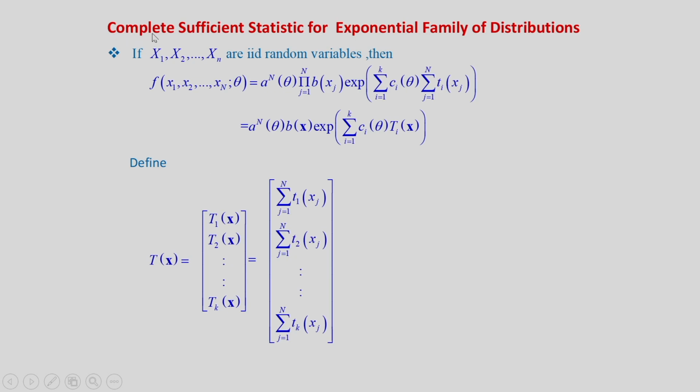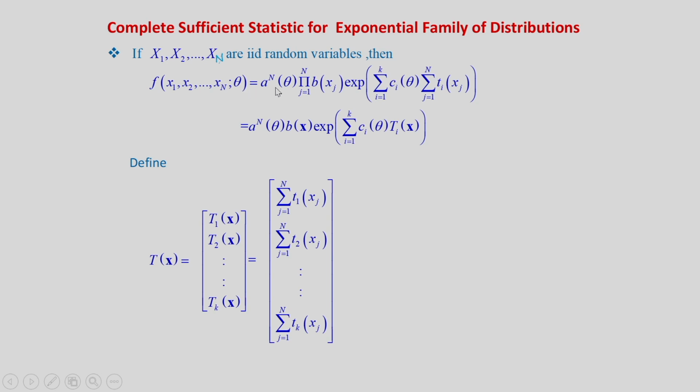Now, we will see that complete sufficient statistics for the exponential family of distributions can be found from the expression for the joint PDF itself. Suppose x1, x2 up to xn are IID random variables of the exponential family, then we can write f(x1, x2 up to xn) as a function of theta.